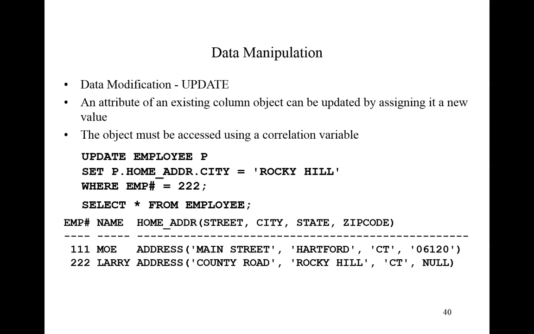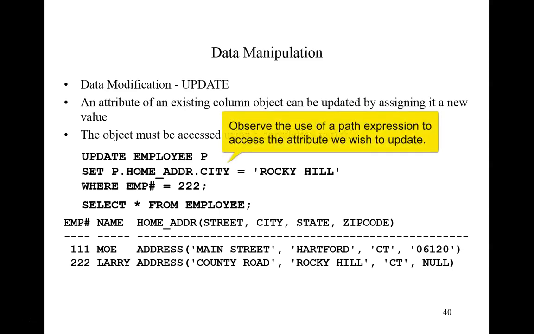It's also possible to take an attribute of an existing column object and update only that attribute, preserving effectively the existing object. The object must be accessed using a correlation variable. In this example, we're updating the employee table, and we arbitrarily chose P as the correlation variable.